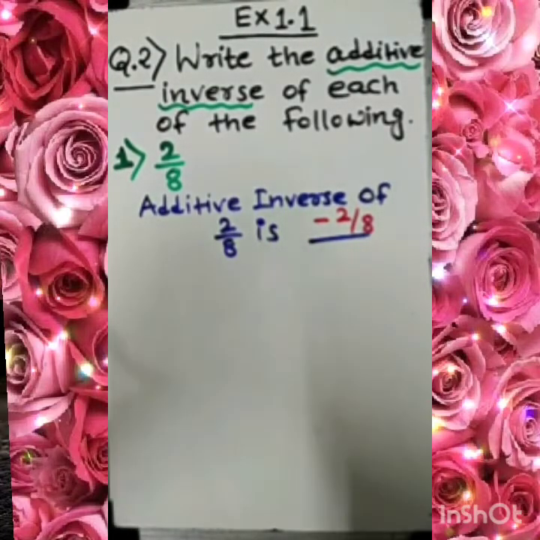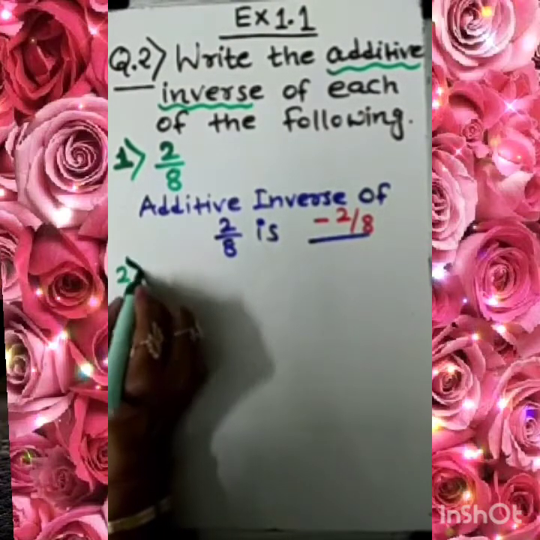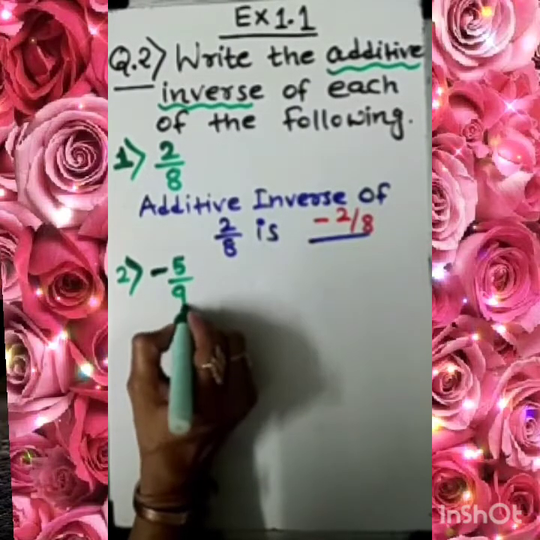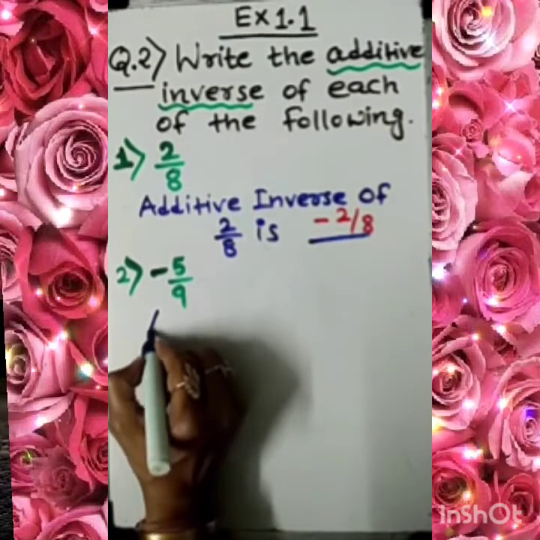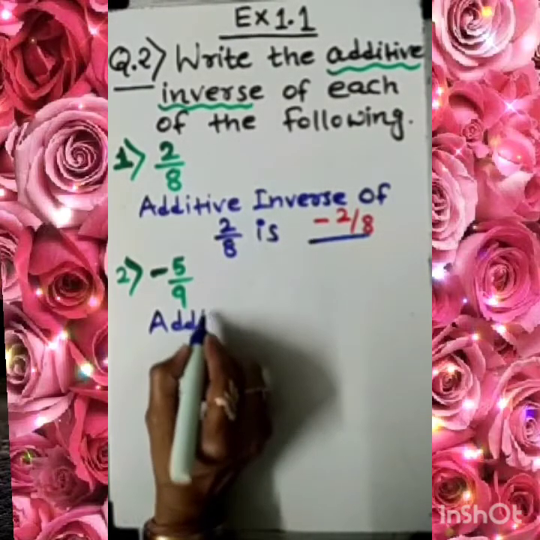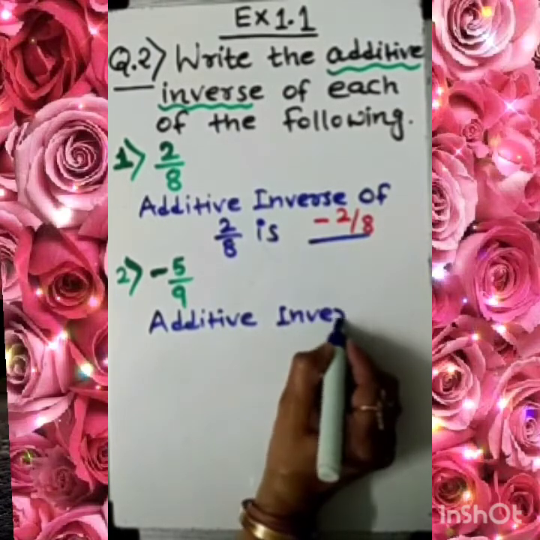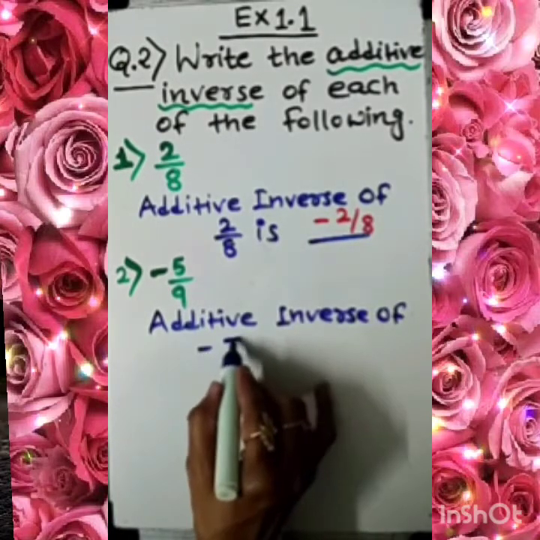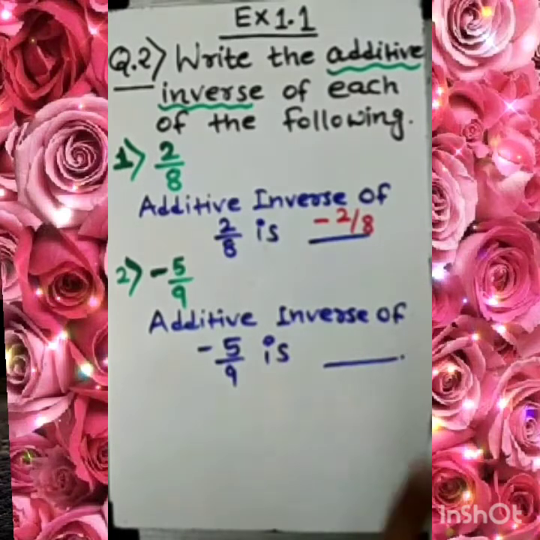Let's see one more example that is given in number 2. It is minus 5 by 9. We need to write here additive inverse of minus 5 by 9 is. Here we need to write the answer.